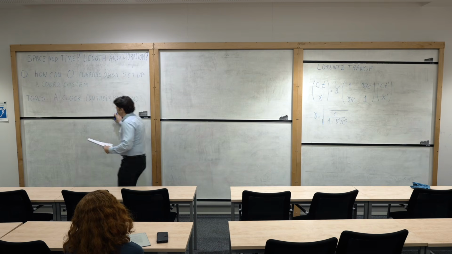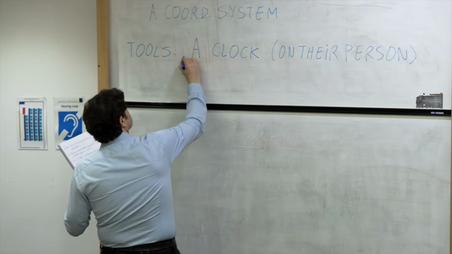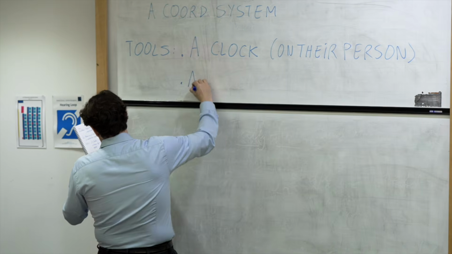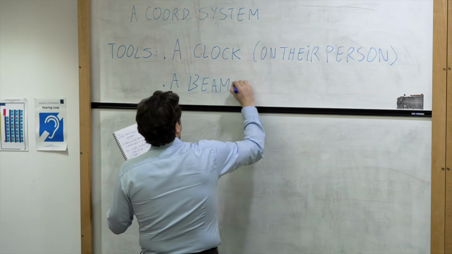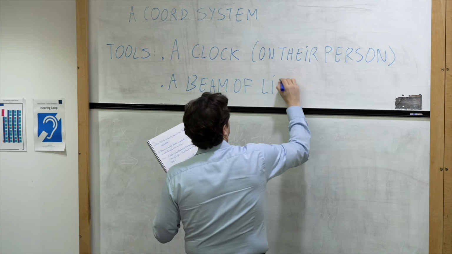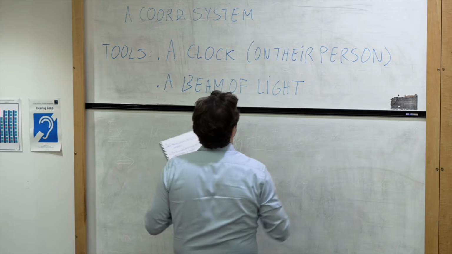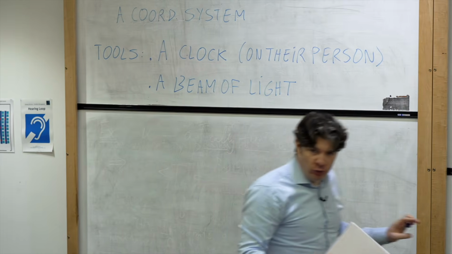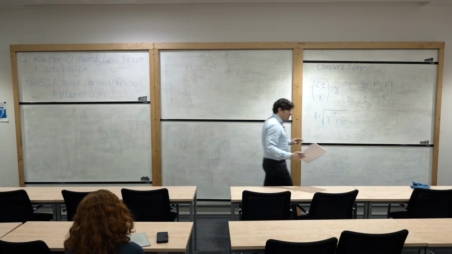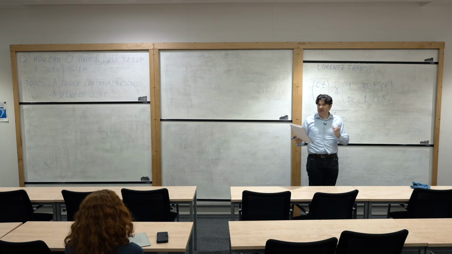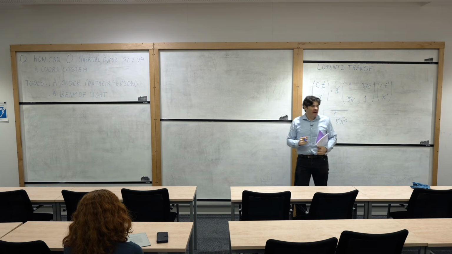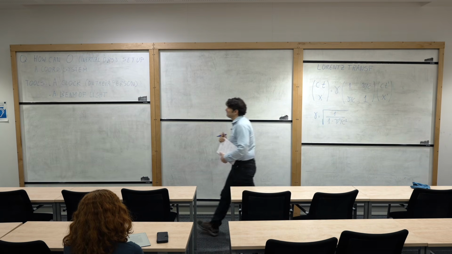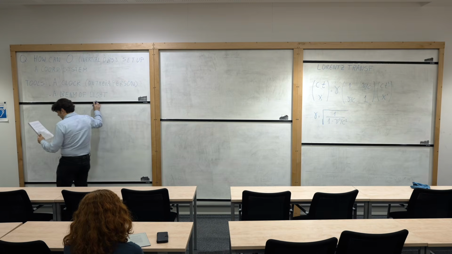And the second tool is a beam of light, okay? So with these two tools, we need to understand, I am standing here, I have a clock and a beam of light, how I set up a coordinate system, okay? That is the question that Einstein wanted to answer.